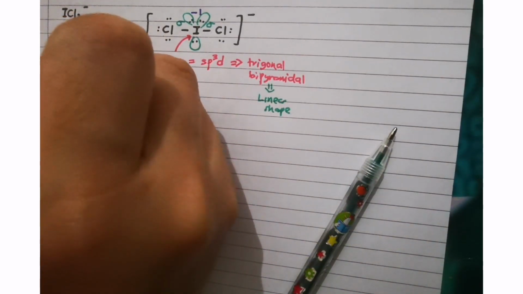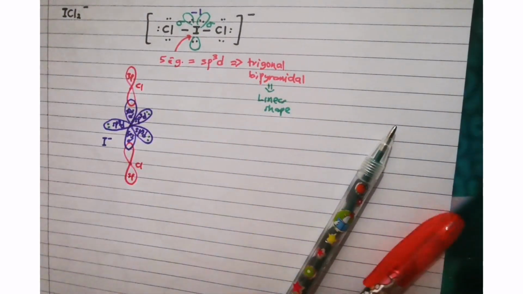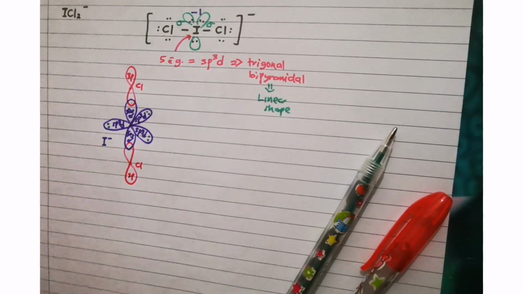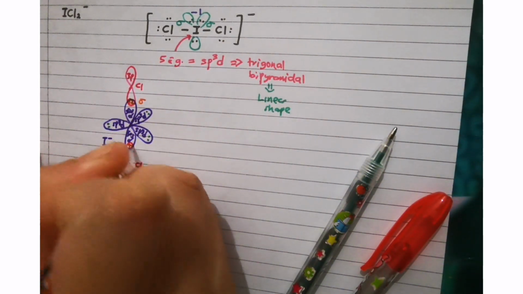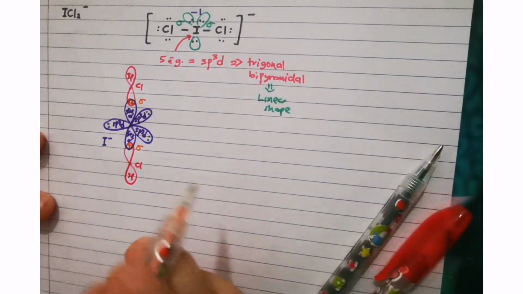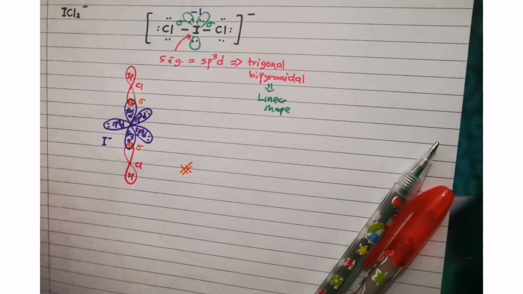This is 3p of chlorine, and now let's label the sigma bond. Okay, so this is the orbital overlapping diagram for ICl2 minus.